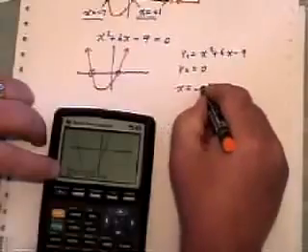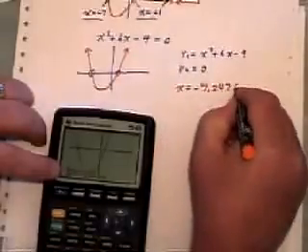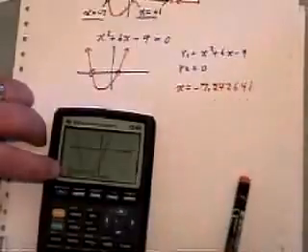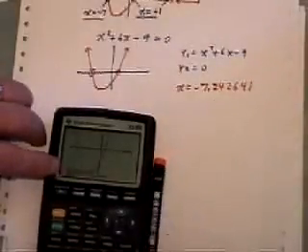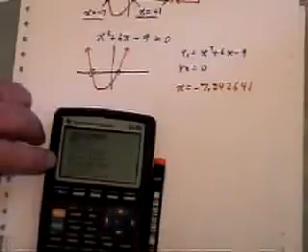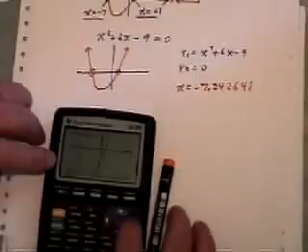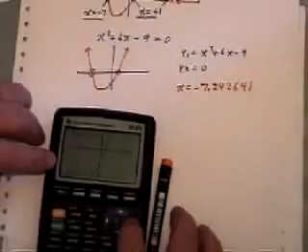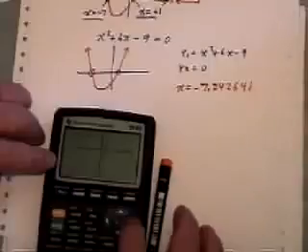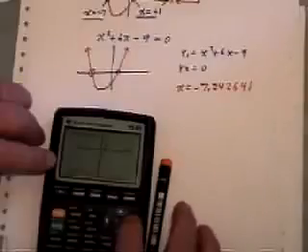X equals negative 7.242641. Now I repeat that to find the other answer. I hit second, calc, 5, and use the right arrow button. So I'm now pressing the right arrow button over and over again, or I hold it down, and eventually you'll see this little blob comes around.